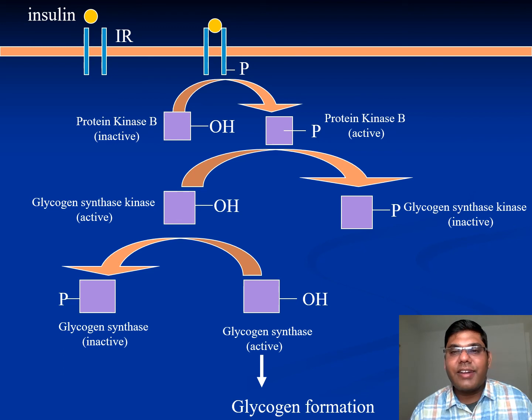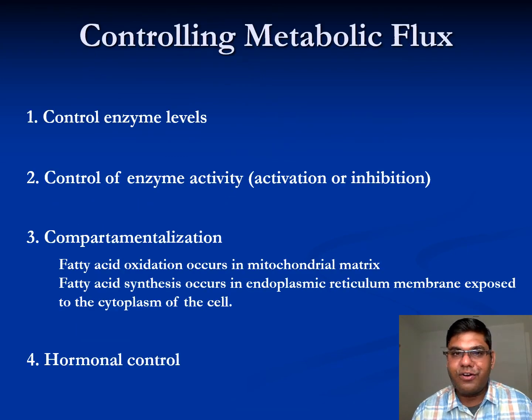The activation can be by addition of phosphate or by the removal of phosphate. Inactivation might also happen. So both things, activation and inactivation, could happen for different enzymes differently by addition of a phosphate group. Further, the glycogen formation is regulated by glycogen synthase, wherein the active form is the non-phosphorylated form.